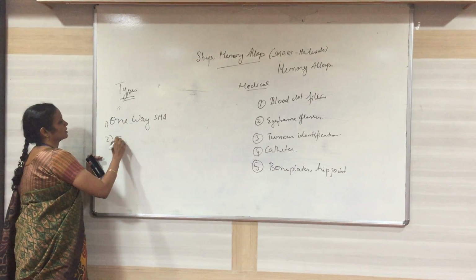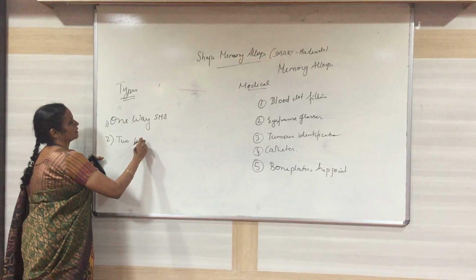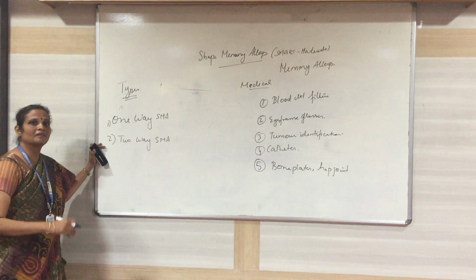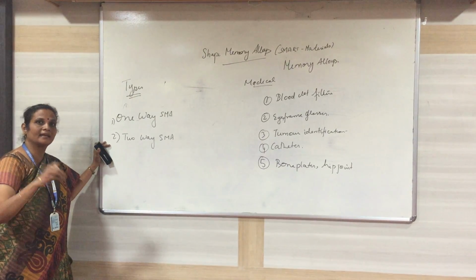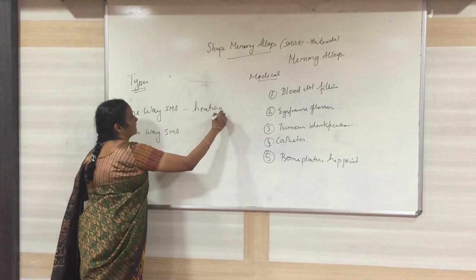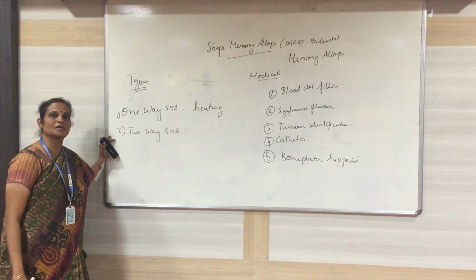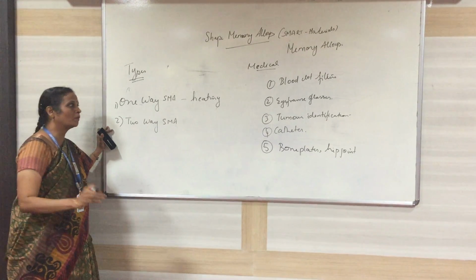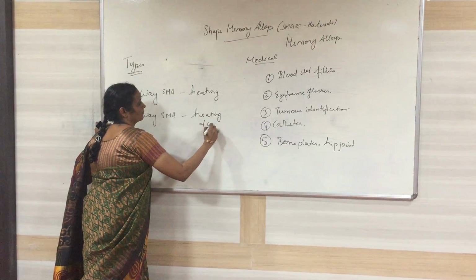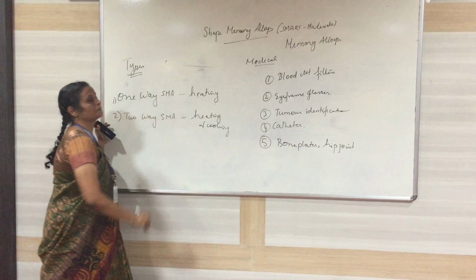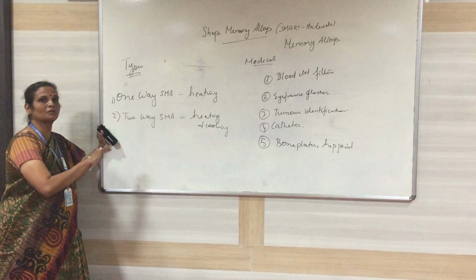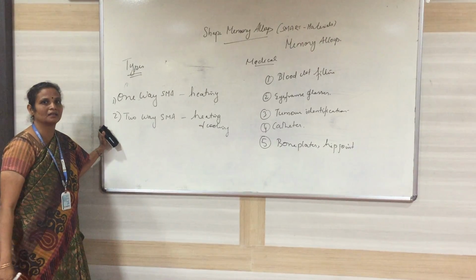One-way shape memory alloys exhibit the characteristic of regaining their shape only on heating. But two-way shape memory alloys regain their shape both on heating and cooling. So these are the two types of shape memory alloys that are available.